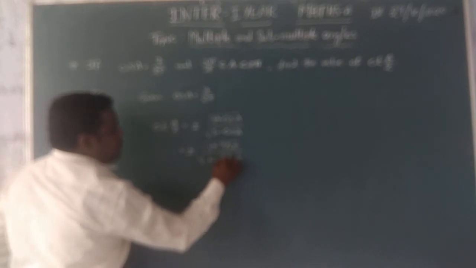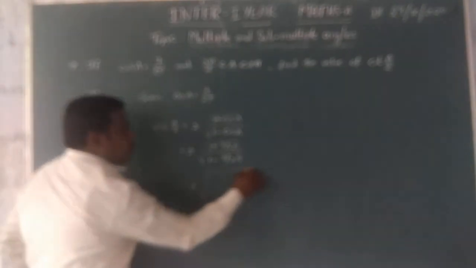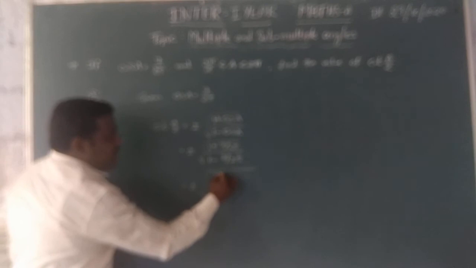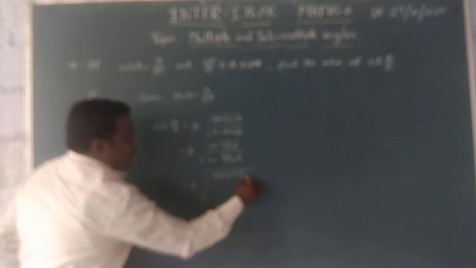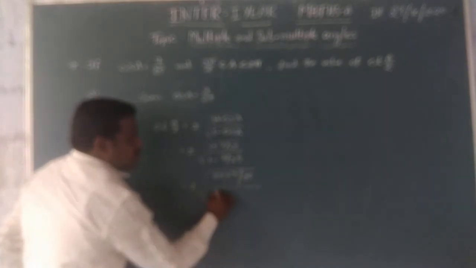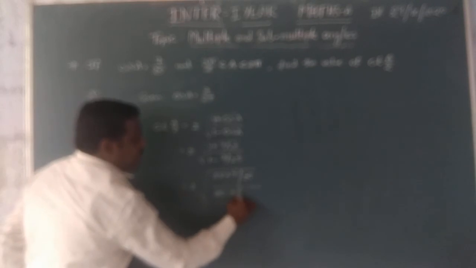So on the numerator the LCM is 25, and the denominator LCM is also 25. So plus or minus under root of (25 plus 7) by 25 by (25 minus 7) by 25. So 25 gets cancelled.